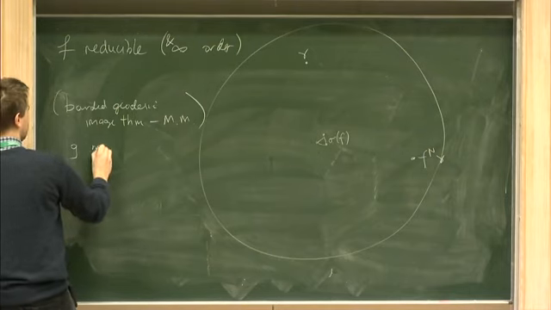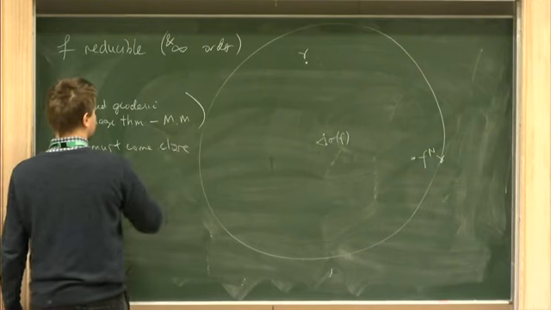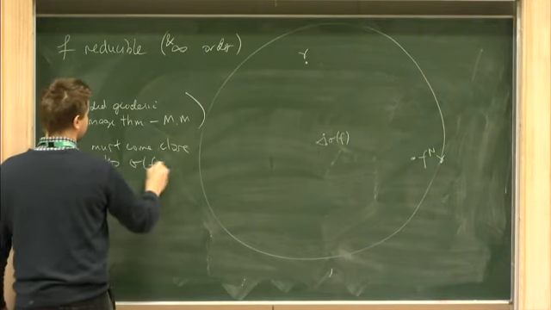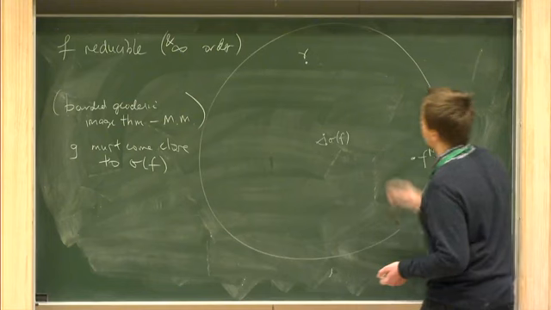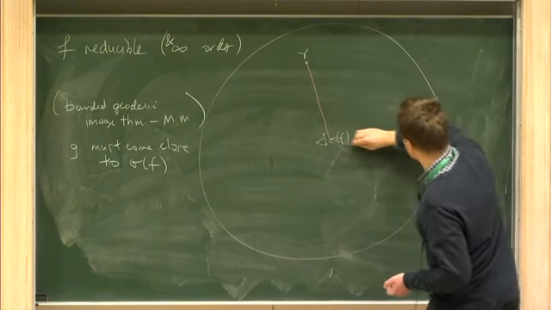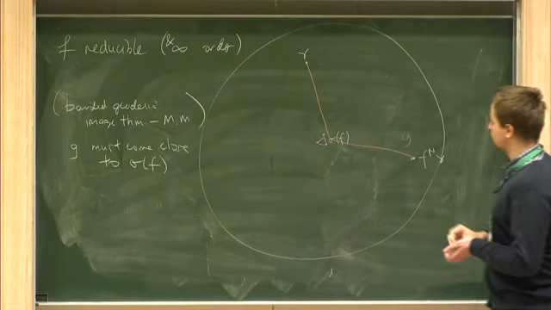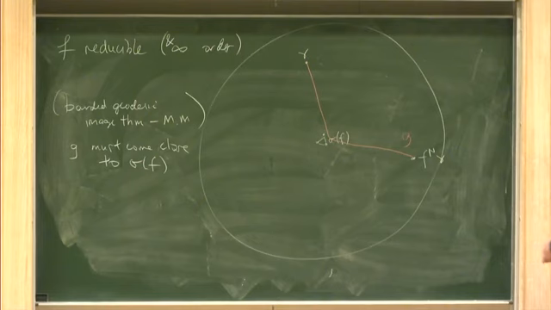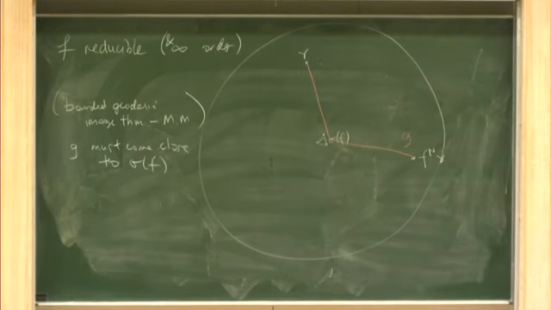G must come close to sigma f. Okay, so the picture will be this. Here's G, and let me pick a different color.